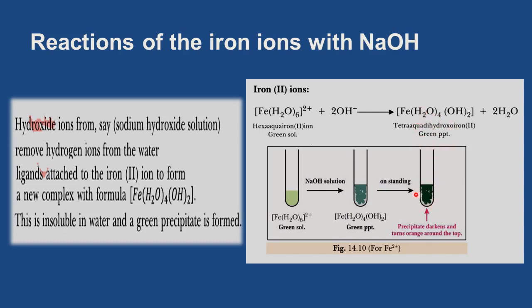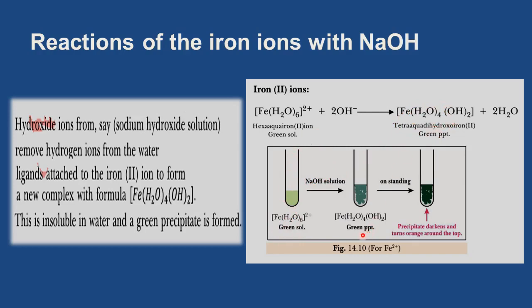Now students, look at this diagram. This is the iron ions which are present in water as a complex, which is hexaaqua iron(II). Now when sodium hydroxide solution is added to it, it is converted into this complex. It is green in color, and on standing the precipitate darkens.